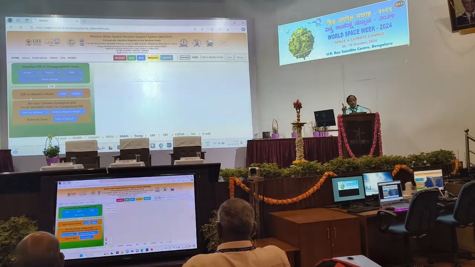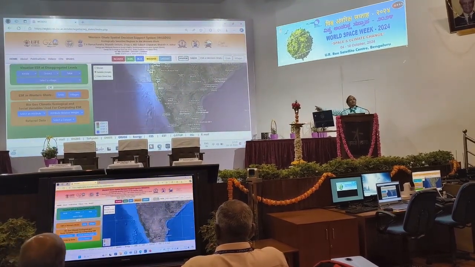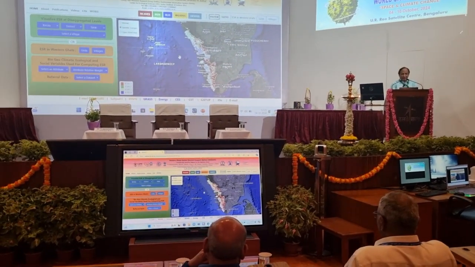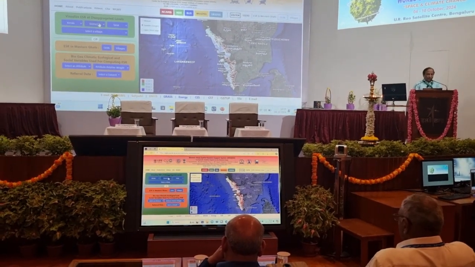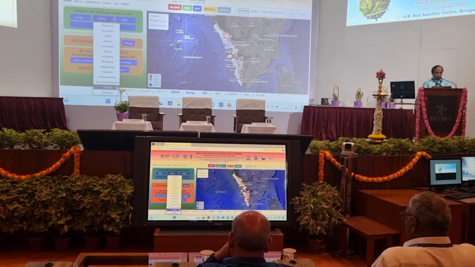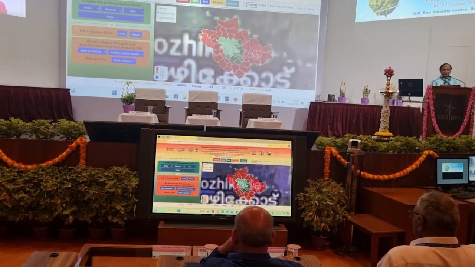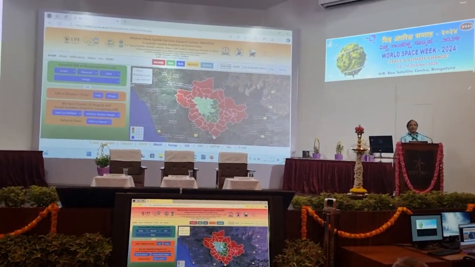From remote sensing data, along with the collateral data of flora and fauna, I have come to the decision support system. Now you see that in Kerala, these are the ecologically very sensitive regions, then I have a district. I will choose Wayanad. These are all ecologically sensitive region 1, this is 2 and this is 3.